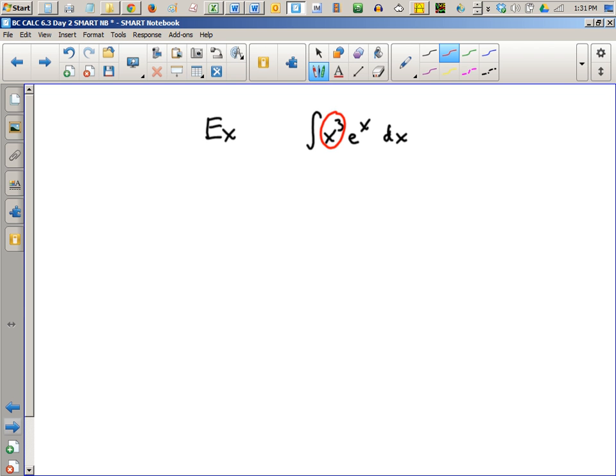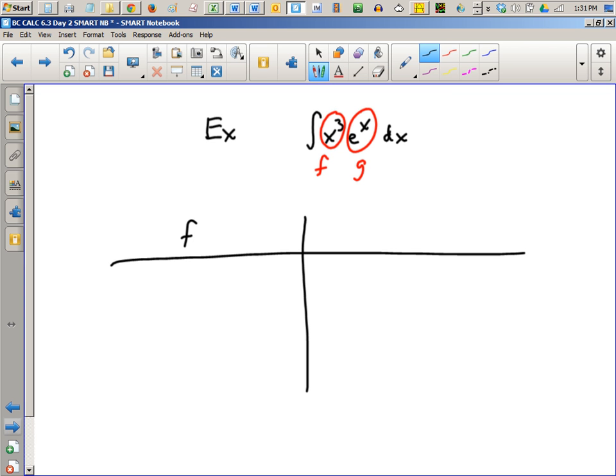So let's try it. We're going to let this be our f, and this will be our g, and our 2-column table. F, f prime, f double prime, etc. G, integral of g dx, second integral of g dx dx, etc.